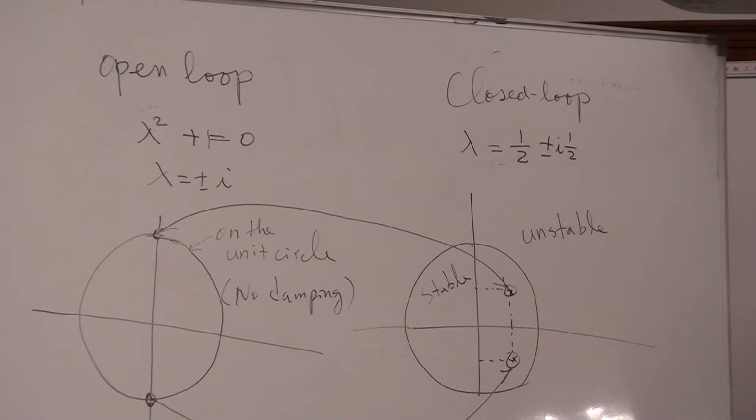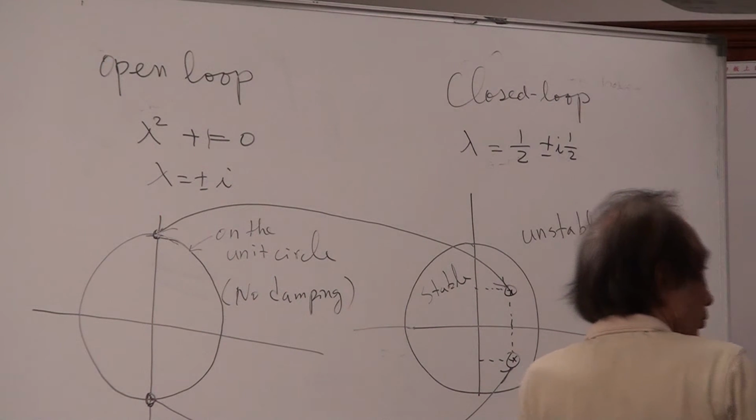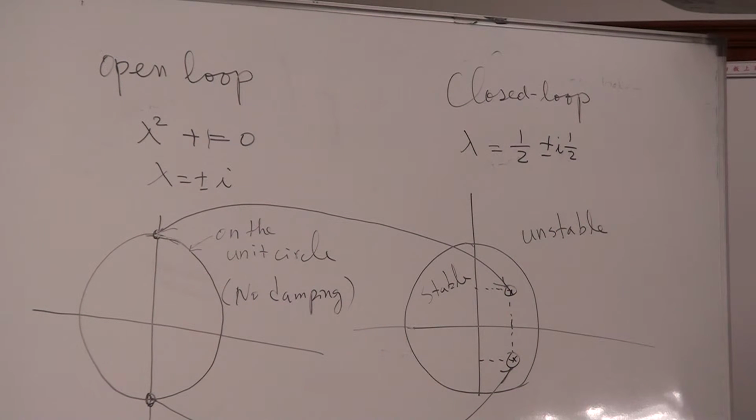You compare the equation here, lambda square minus (F1 plus F2) lambda plus (1 minus F1 plus F2) equal to 0, with lambda square plus lambda plus half equal to 0. Then you will find F1 plus F2 equal to minus 1, and 1 minus F1 plus F2 equal to half.